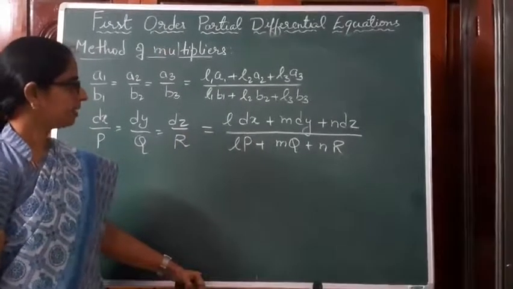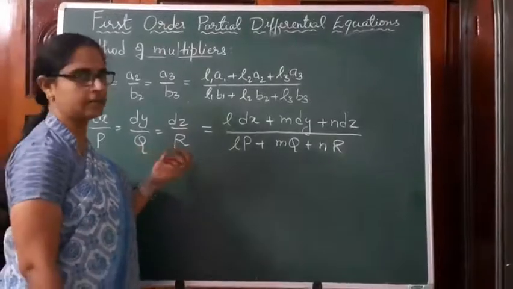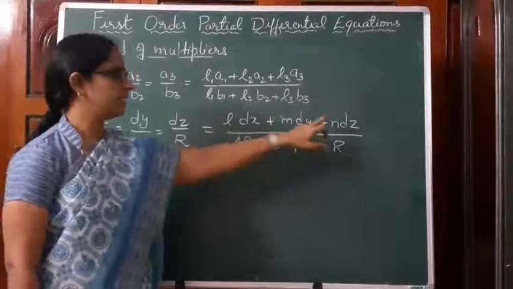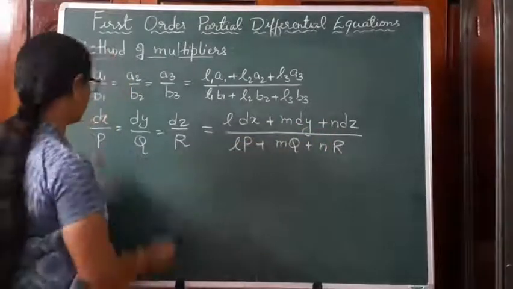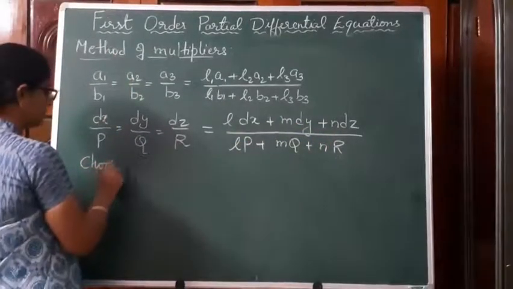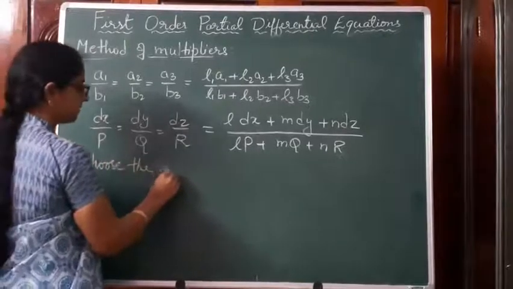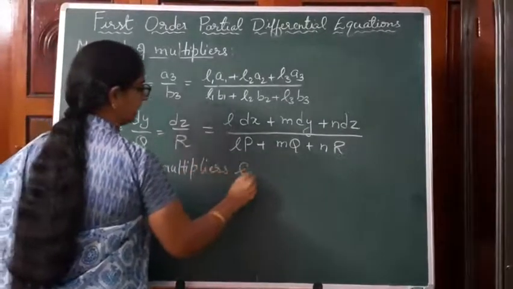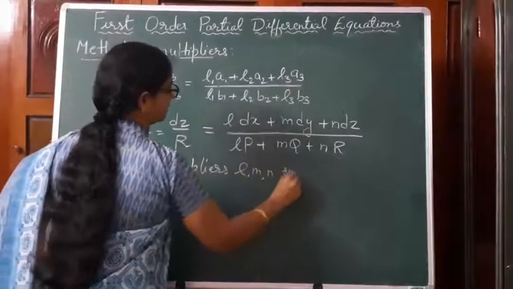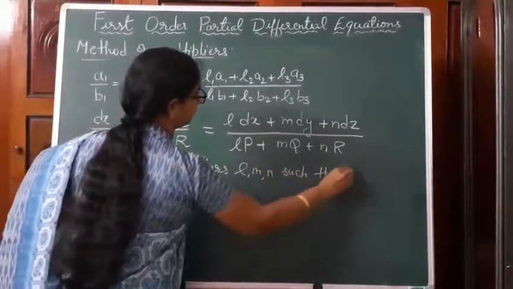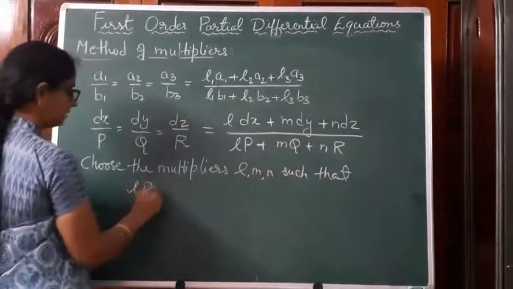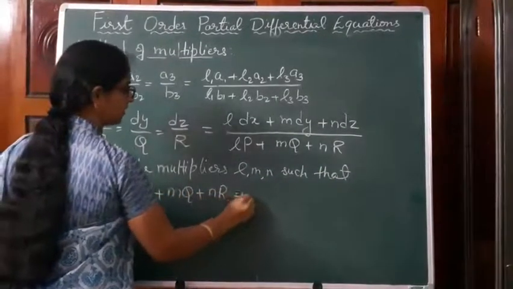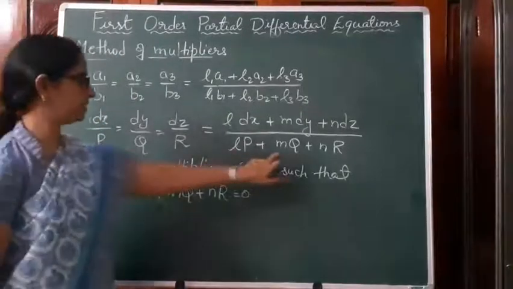Now, to find the solution from this set of auxiliary equations, we choose the multipliers l, m, n such that l P + m Q + n R is equal to 0. What happens if this is 0?